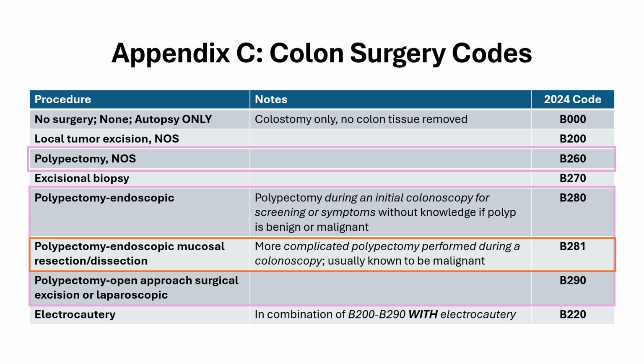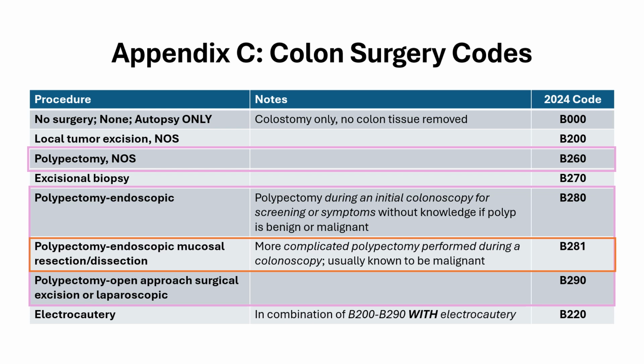Then we have the code B290, and this is for a polypectomy that's done as an open approach, surgical excision, or laparoscopically. So this is not performed with an endoscopic procedure such as a colonoscopy. That's B290.